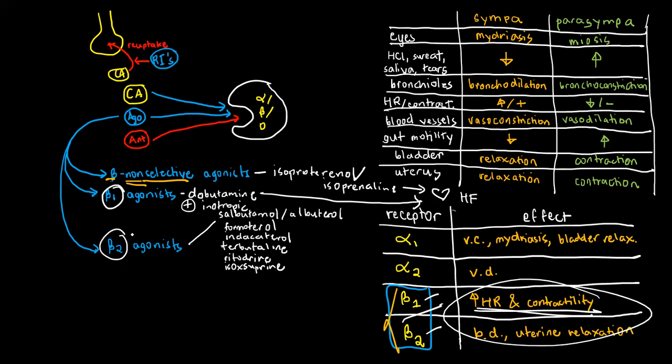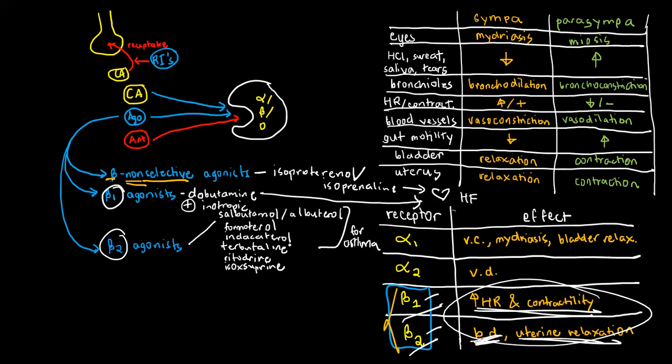Then for the beta 2 agonist, we focus more on the lungs and the uterus. This is why a good majority of them, for example, among these choices, these 4 from salbutamol to terbutaline, can be used for asthma. Bronchodilation is beneficial for asthmatic patients, right?